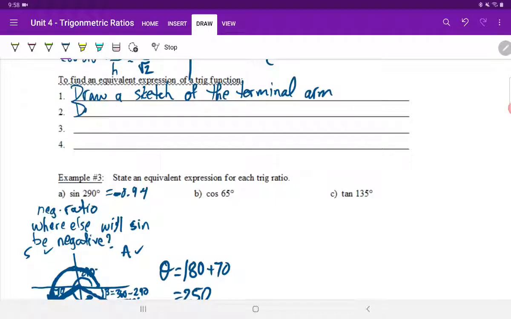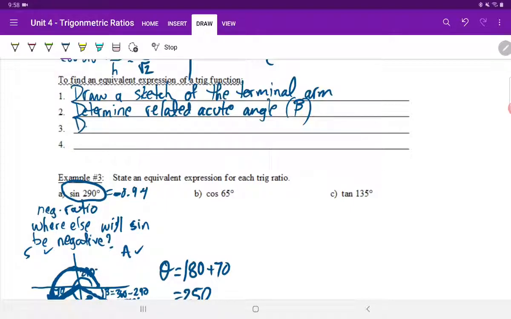So the first two steps are just like above. Determine related acute angle, beta. From there, we asked ourselves, okay, do we have a positive or negative ratio based on where our terminal arm is? So we just punched it into our calculator, like we punched sine of 290 right into our calculator, just to help us determine if we have a positive or negative ratio.